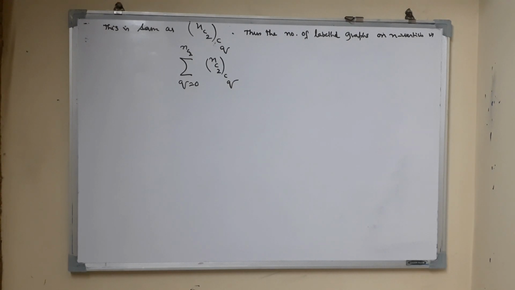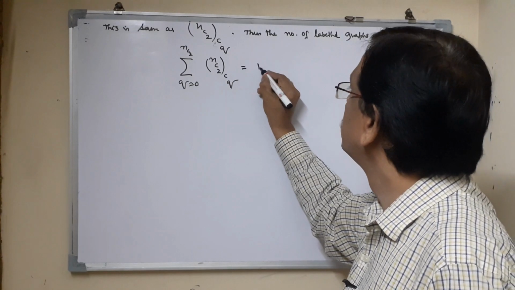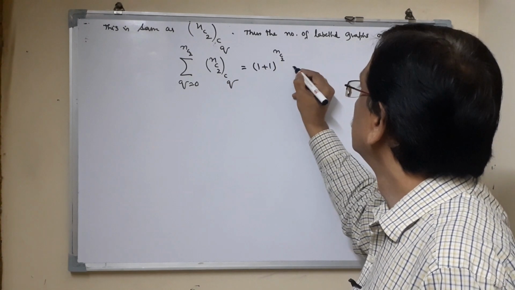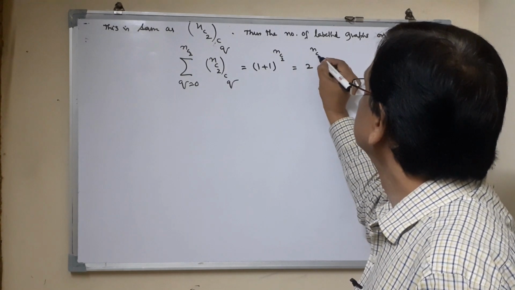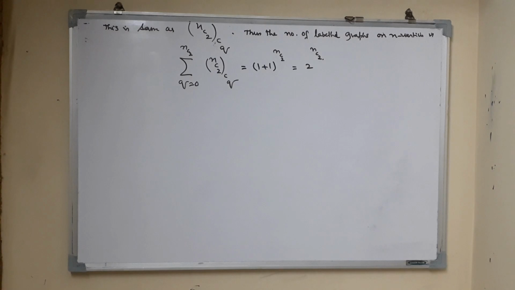How do you calculate this? Simple, it's binomial. So this will be (1 plus 1) whole power nC2, which is equal to 2 power nC2. So there are 2 power nC2 labeled graphs on n vertices.